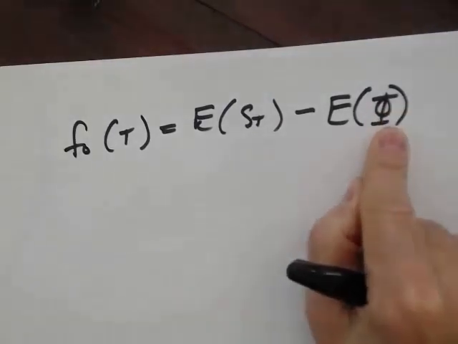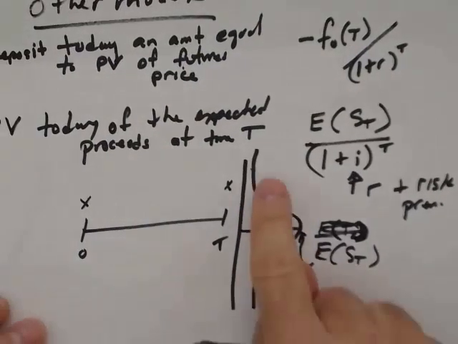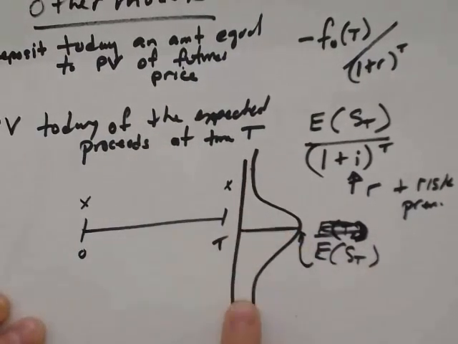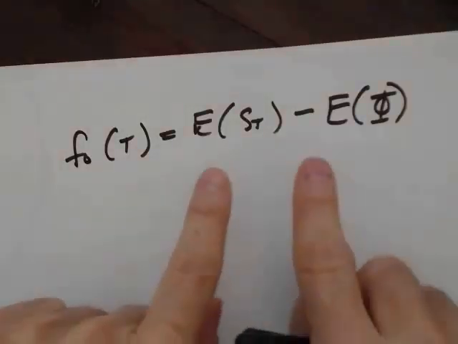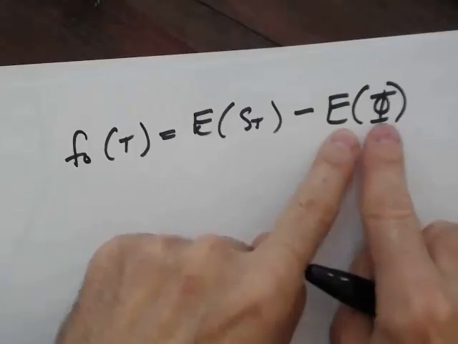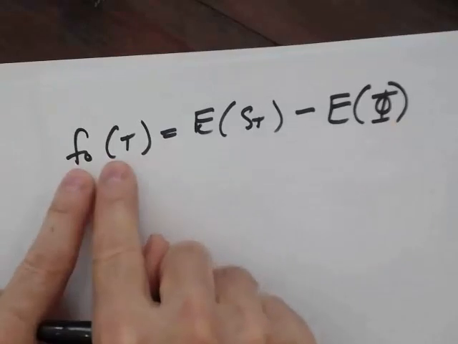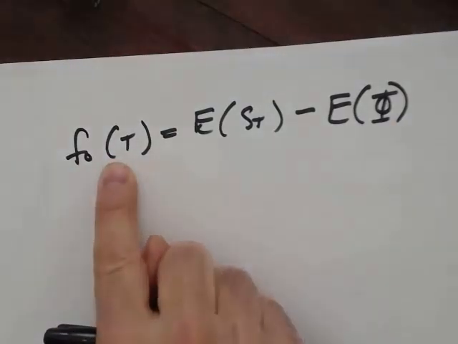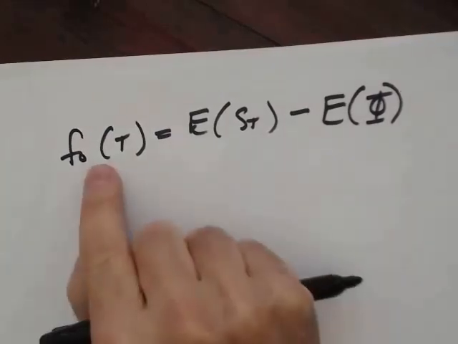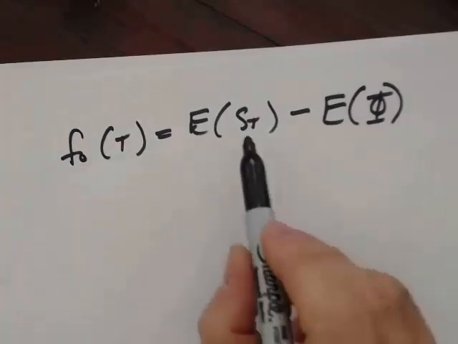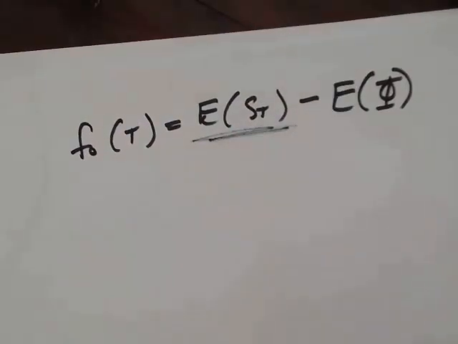That risk premium came from the fact that we don't know exactly where the spot will be in the future. It's somewhere along this curve, if we assume a normal distribution. And so you can see that the risk associated with the spot price gets translated into the futures price. Okay? So that's where this risk premium affects the futures price. And the source of it is we don't know exactly what the spot price will be in the future.